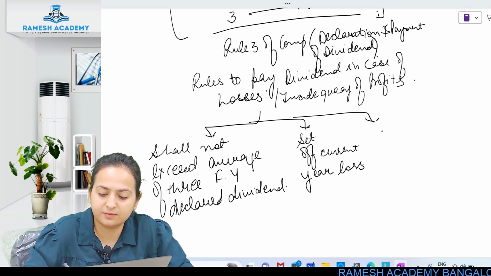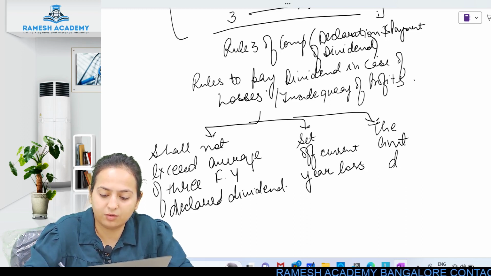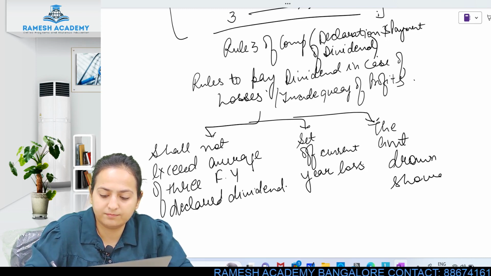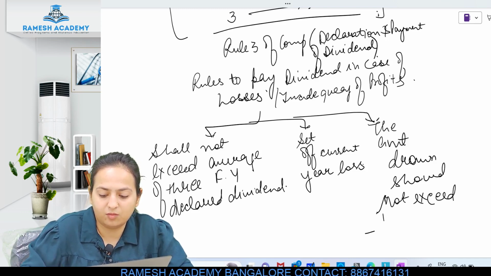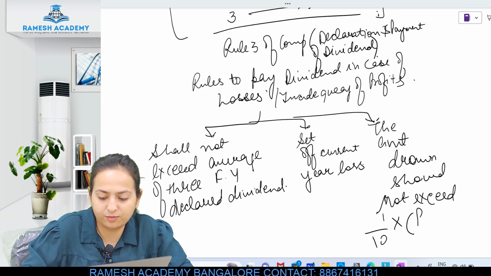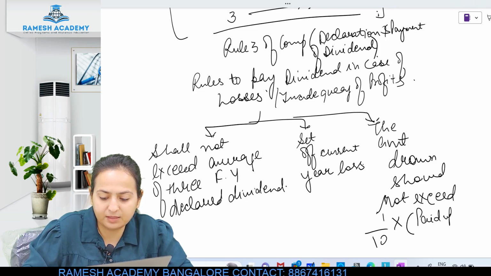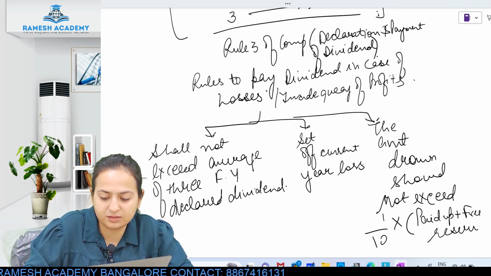Then the amount drawn should not exceed what? 1/10 of paid up capital plus free reserves.